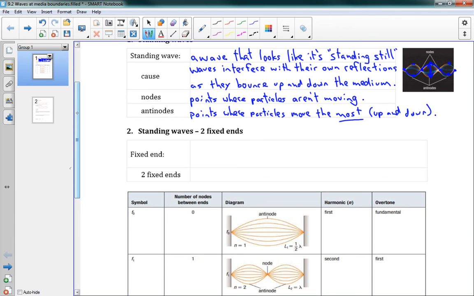Okay, so we're going to look at 3 different types of standing waves. And we're just going to learn how each of those works. So our first here is when we have 2 fixed ends.